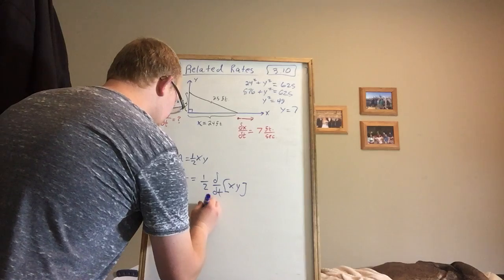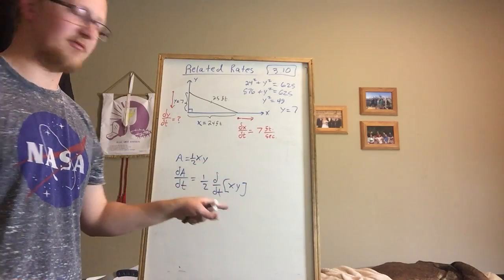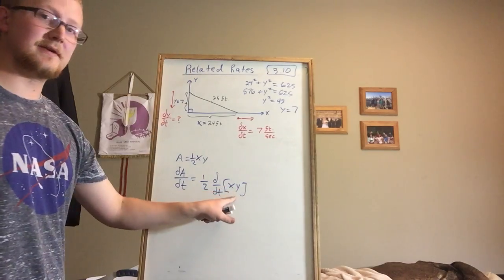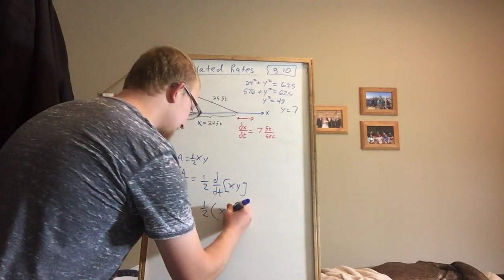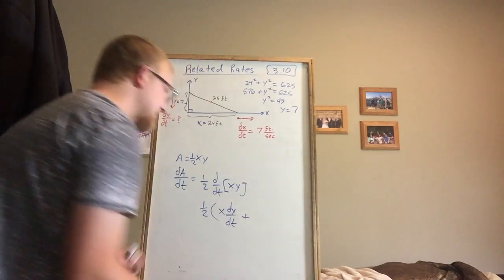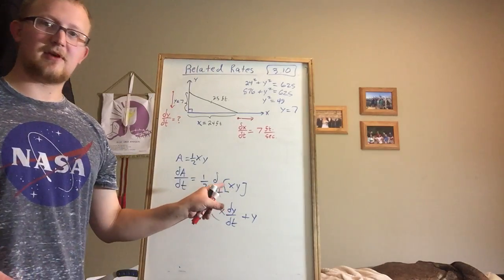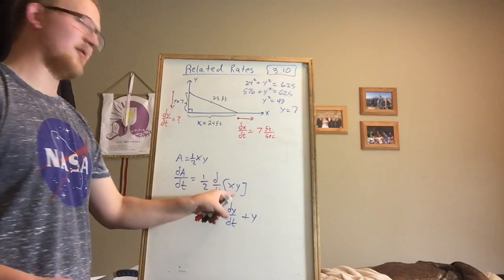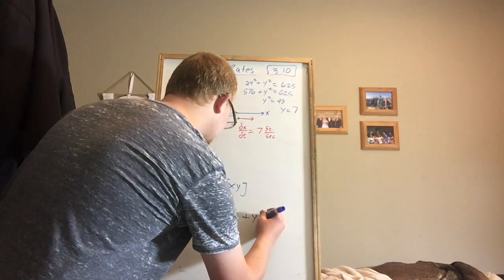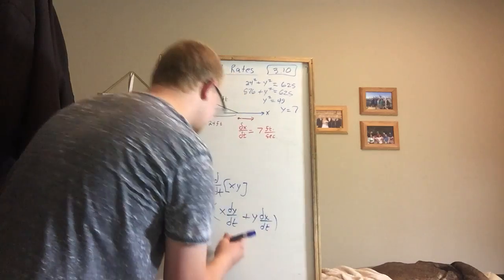So outside of this 1/2, I'm going to have first d second plus second d first. First is x. D second is 1 times dy dt, because of the chain rule, plus second, which is y. D first, derivative with respect to time of x is 1 times dx dt, because x is a dependent variable. So this is y times dx dt.